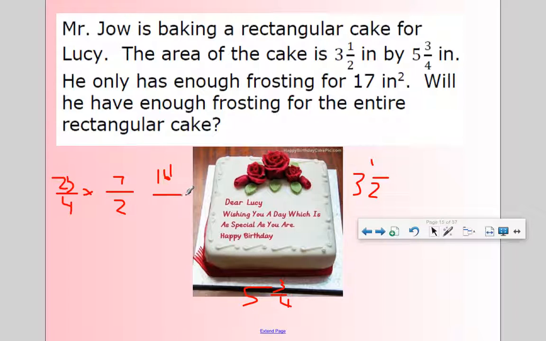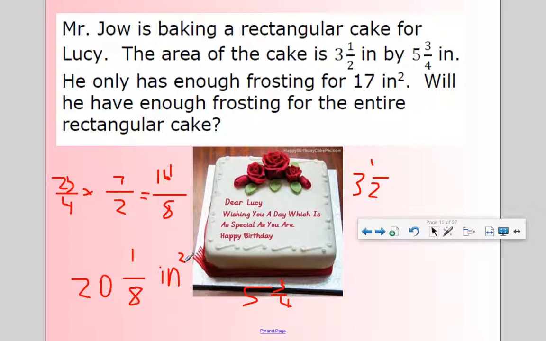And multiply the denominators, 4 times 2 is 8. How many 8s go into 161? 20, and you have a leftover of 1/8. That is how large this cake is. It's 20 and 1/8 square inches.